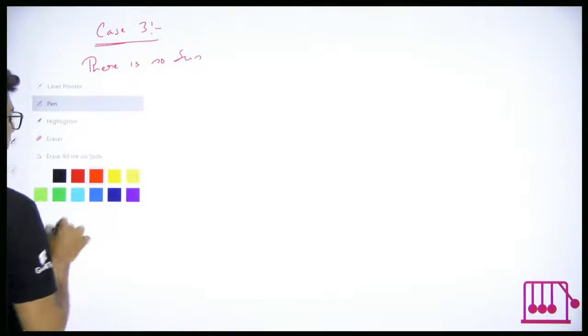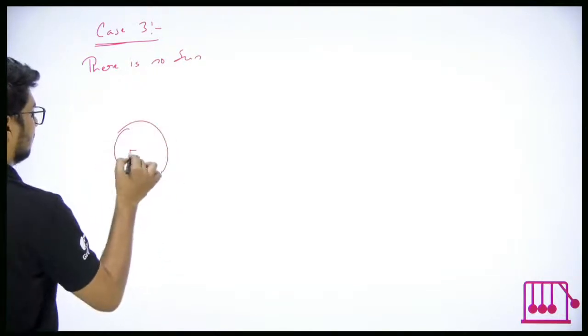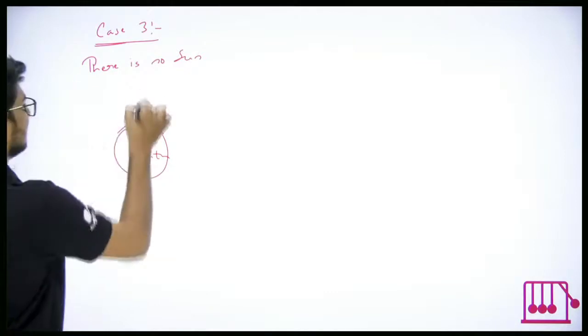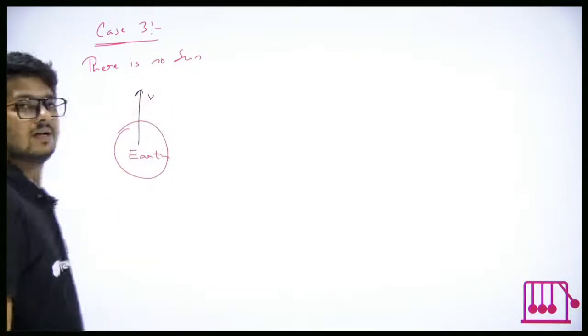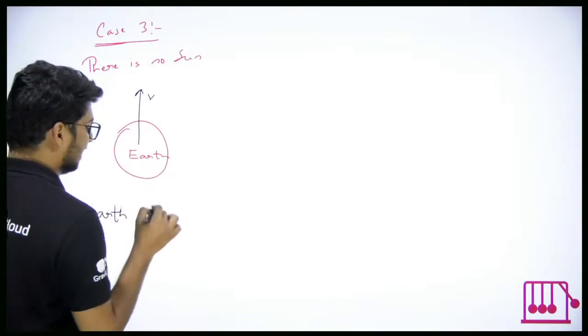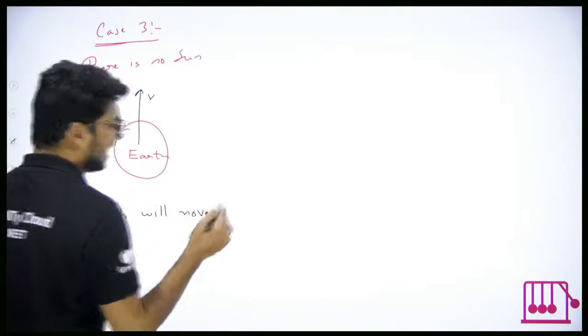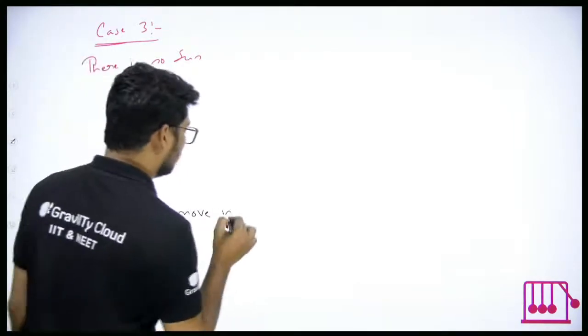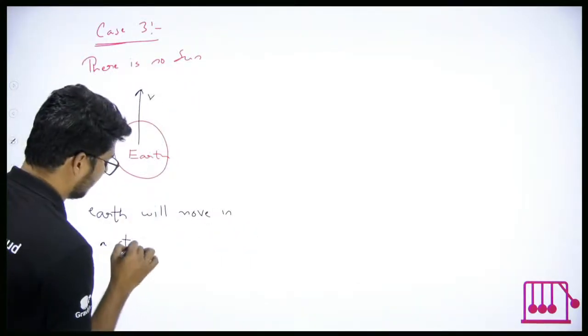But Earth is moving. There is no sun, but Earth is moving. Then in this case, what will happen? Earth will move in a straight line. Yes or no? Because there is no force acting on it. Who will change the velocity? No one. Earth will move in a straight line.